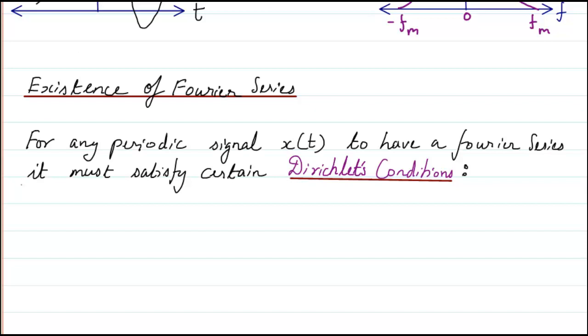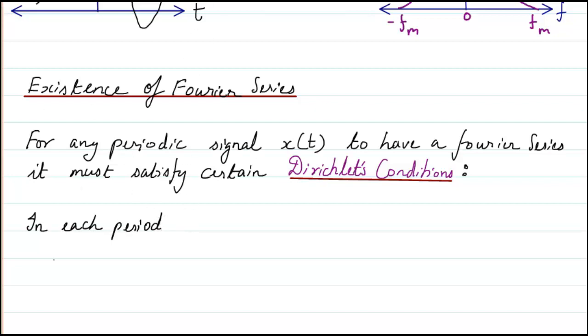So the conditions are, in each period, because it's a periodic signal, 4 things have to be taken care of. There are 4 conditions in each period.